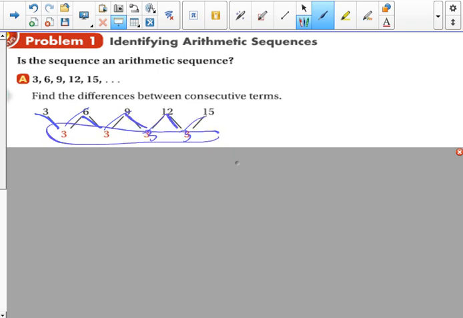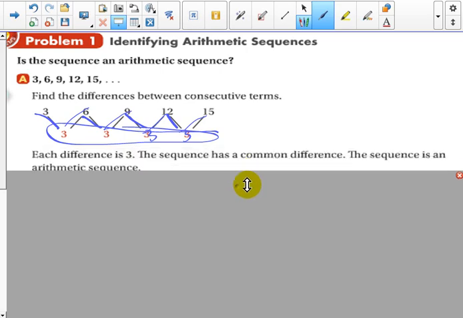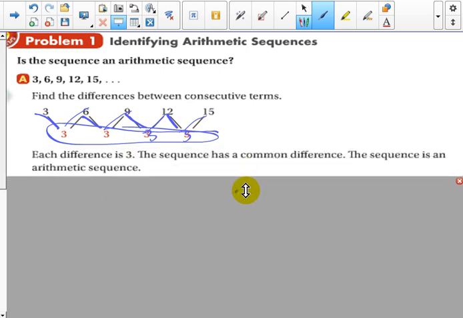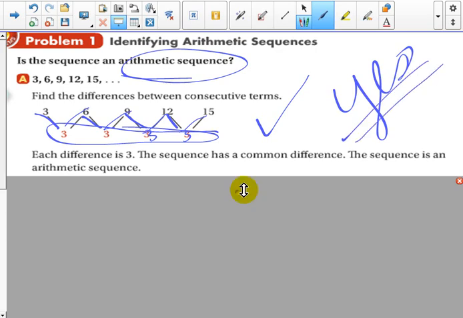Are all of these differences the same? Then that's a common difference of 3. So we can say because they have a common difference, this is an arithmetic sequence. Yes, it is, because it has a common difference of 3.